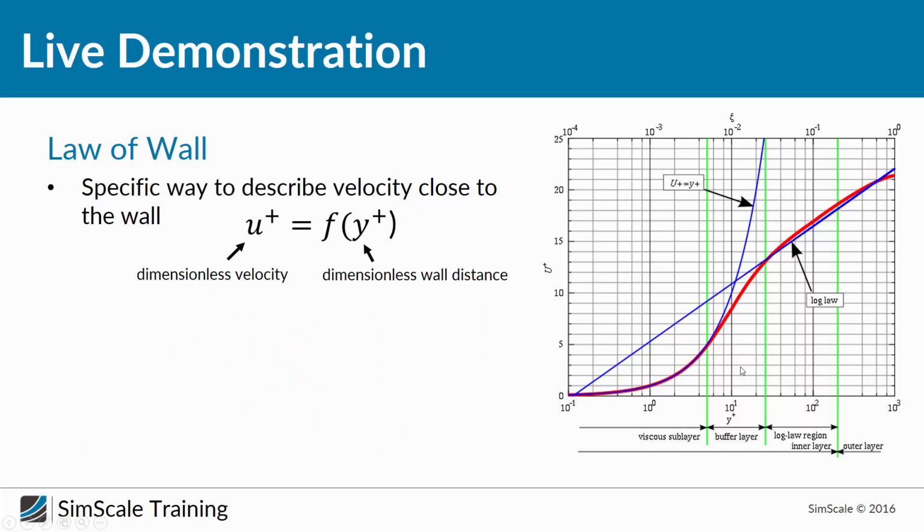You can see that it's linear in this viscous sublayer. Then you have a kind of buffer layer. And then here you have a layer where it's logarithmic. Don't get confused because it's a curve. It's still linear; it only looks like a curve because of the logarithmic representation.